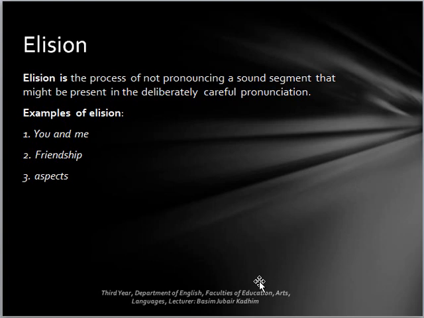Friendship: there is no d, 'friendship'. Aspects: there is no t, 'aspects'. So the elision of these sounds is deliberately used for ease in connected speech.